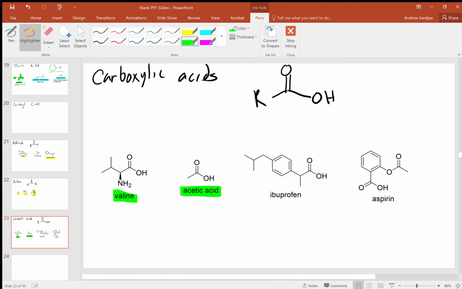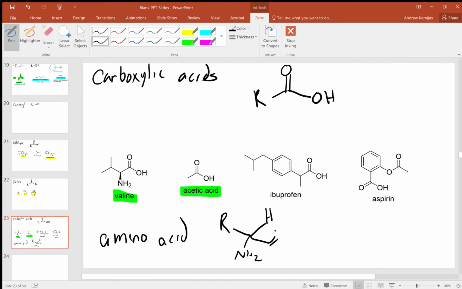Valine is an amino acid. In fact, that's where the name amino acid comes from. Every amino acid has a carbon that has an R group, a hydrogen, an amine, and a carboxylic acid.